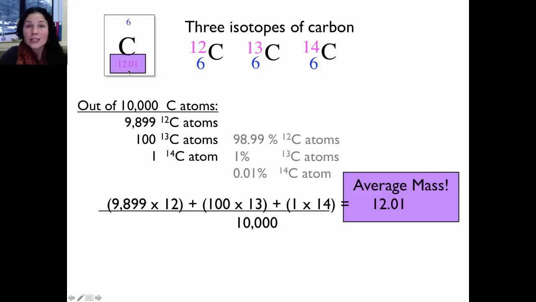There is no one carbon atom that actually has this mass. This is the average of all of the naturally occurring carbon. And this is true for any element on the periodic table. The mass that you see is an average of the naturally occurring isotopes, and it represents their natural abundance. So notice here that the most common isotope is carbon-12, and the number is closest to that isotope.